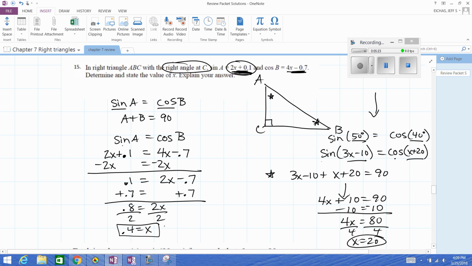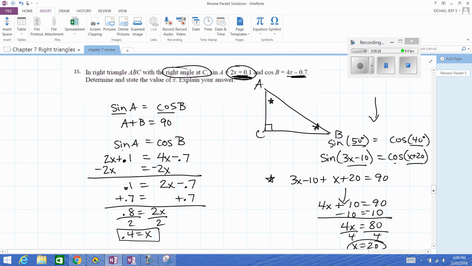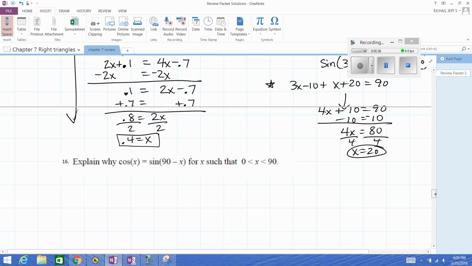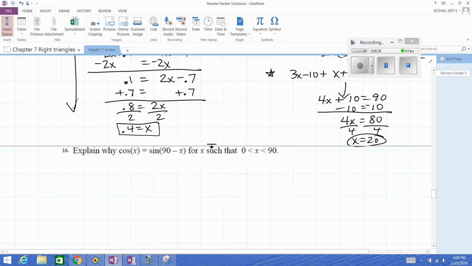Explain your answer. Whenever it says explain, it's not sufficient just to show our algebra work, even though that work is very good. It's just not going to cut it. Nobody's going to let you off the hook with that.